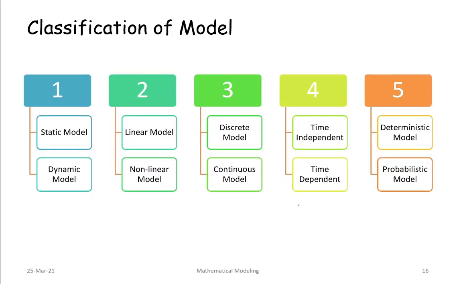Okay, so we can look at different aspects of a model. I can have a static model, a dynamic model. What does a static model mean, and what does a dynamic model mean? Basically, already we had a discussion on the spring mass damper system.